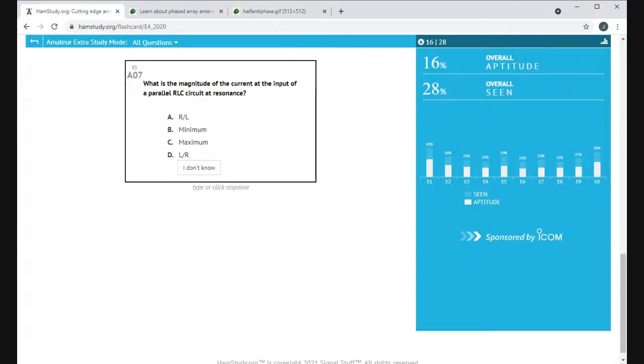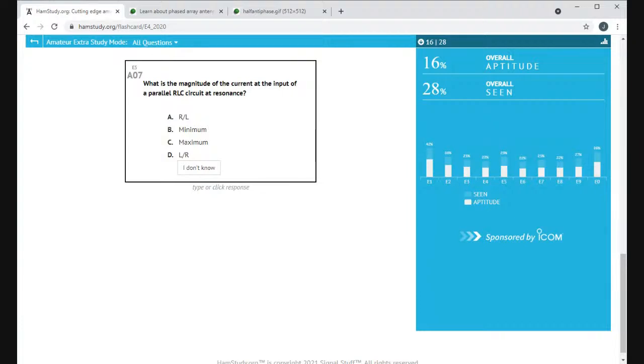What is the magnitude of the current at the input of a parallel RLC circuit at resonance? A. R over L. B. Minimal. C. Maximum.